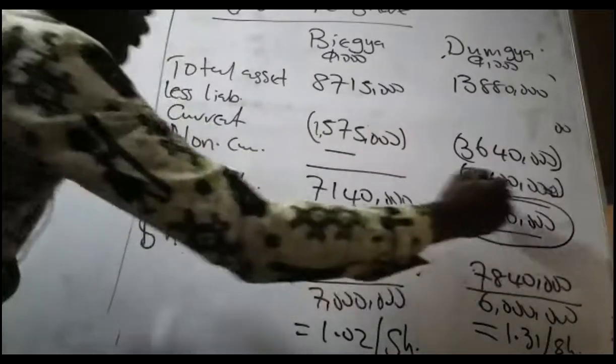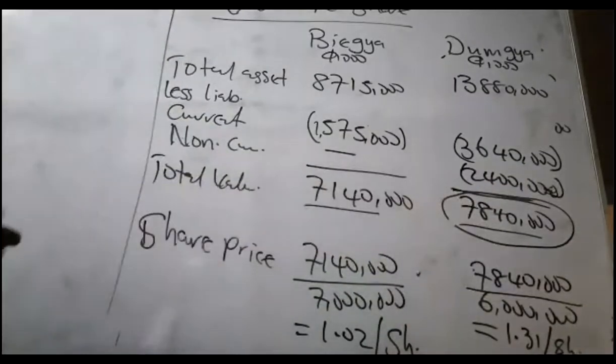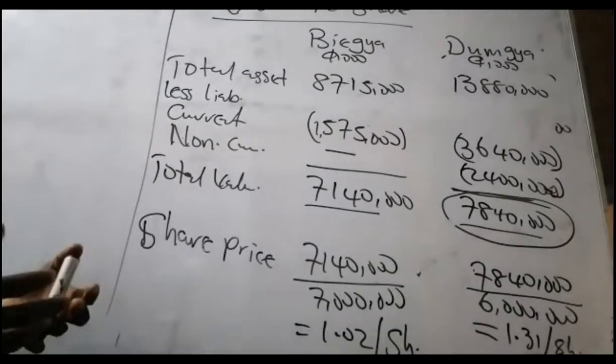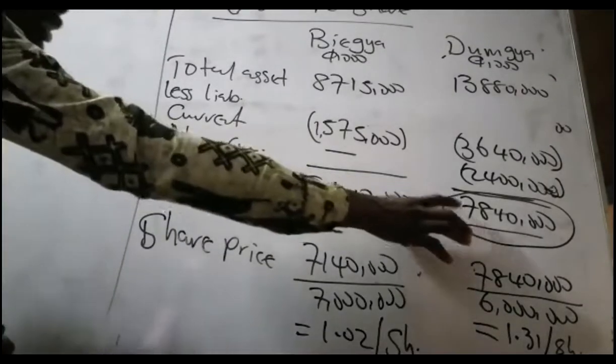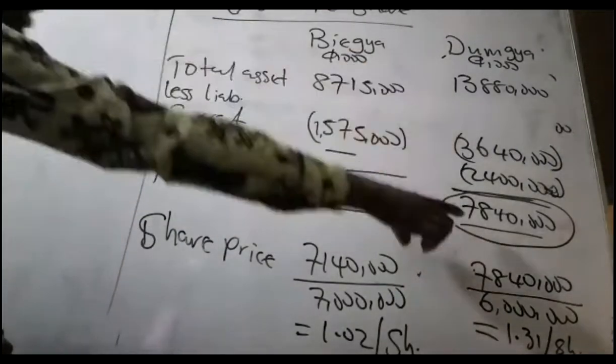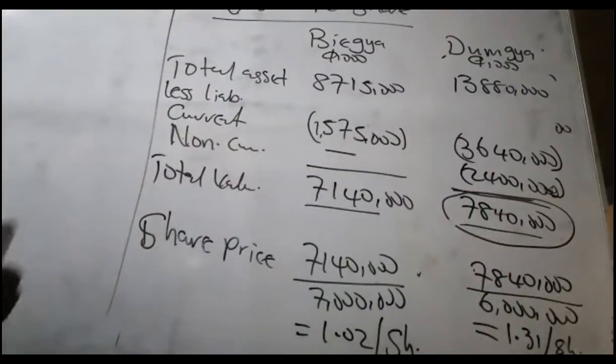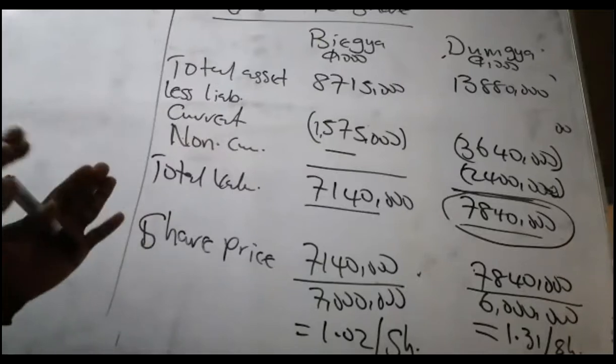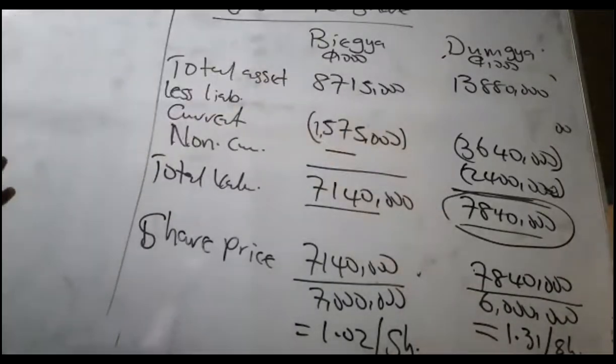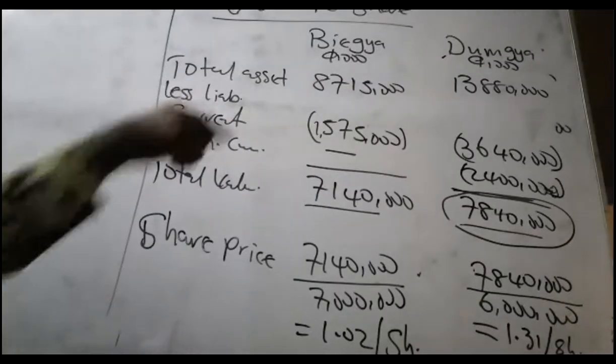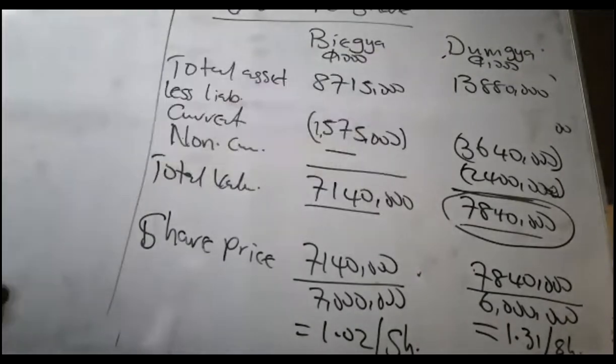They are looking forward to us giving them this before they are okay, because that's their value. So Dumja is expecting Bieja to give them this amount so that the shareholders will surrender their shares peacefully to Bieja without any trouble. Good. So pick whatever you have to pay to them.